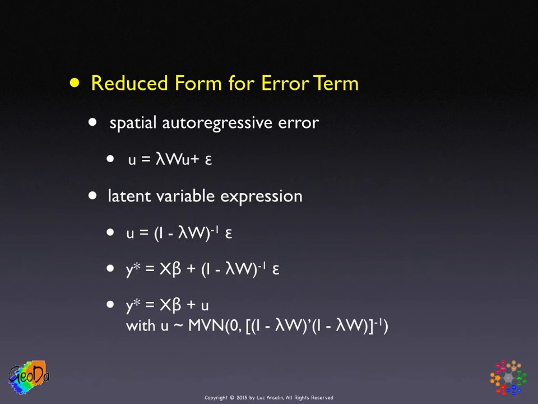So in terms of the probit, we don't have this complication of having to have a reduced form on the right-hand side. We just have to deal with the nature of the distribution.